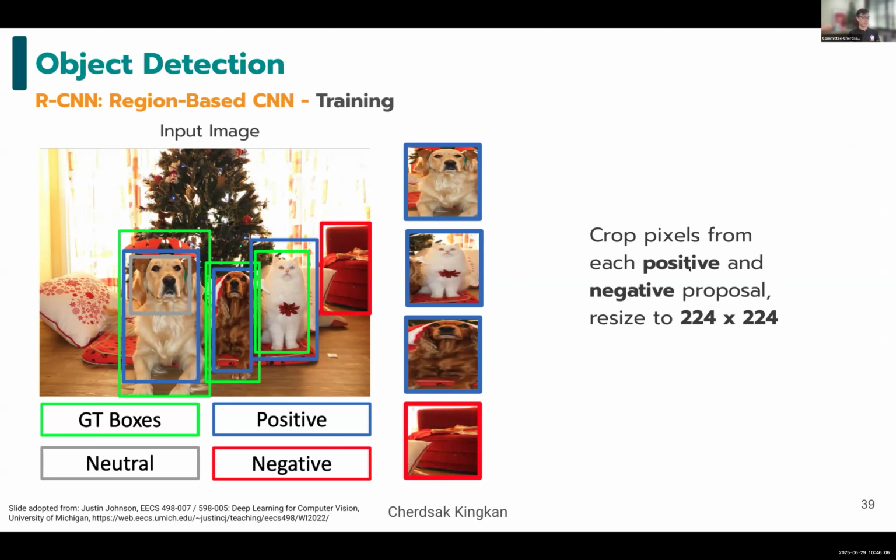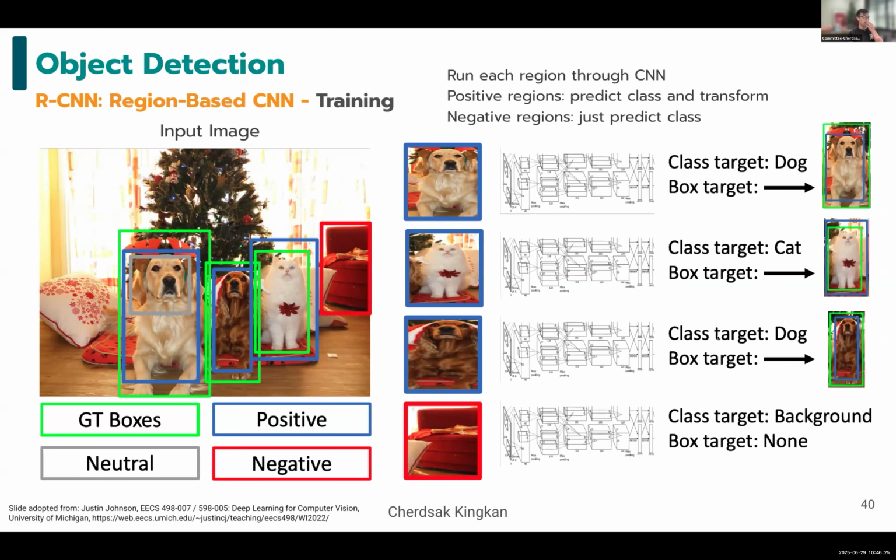So we categorize the region proposals with the ground truth first, and then we crop only the pixels from the positive and negative proposals, right? So the positive will be dark blue and the negative will be red over here. We crop only the pixels from these regions and then resize them to 224 by 224. All right. And then we feed each of these regions to the CNN models. It could be AlexNet or it could be ResNet.